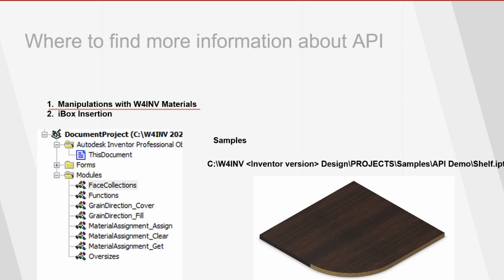You have a few models. Face collections demonstrates functions designed to find Woodwork for Inventor specific faces in a part. This is the main face, opposite face, side faces, and so on. The next one is dedicated to the grain direction cover functionality, designed to manipulate the direction of the texture of the cover.